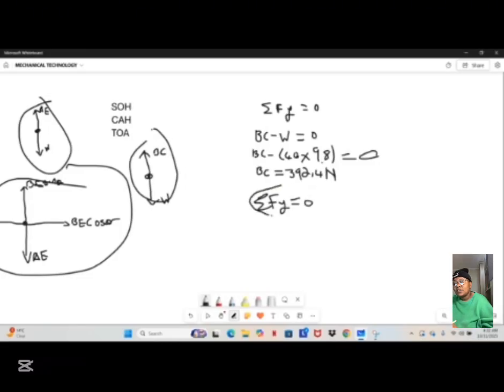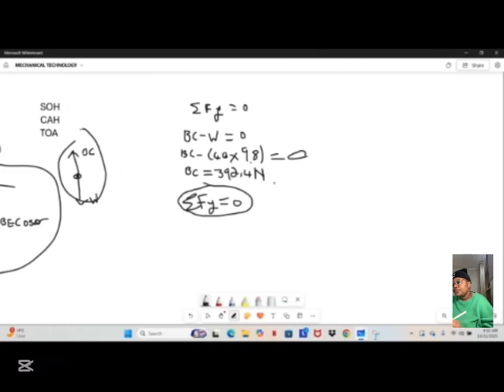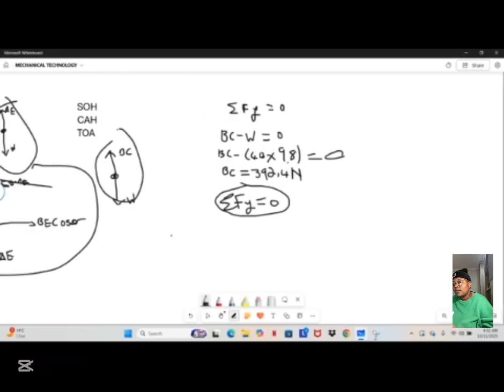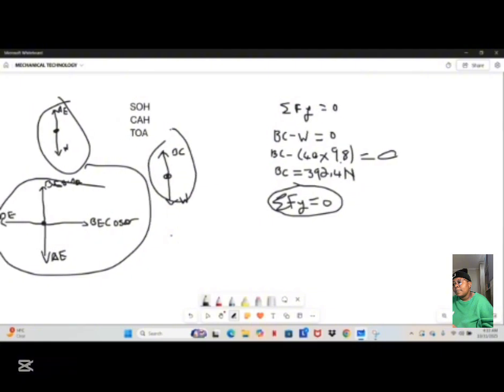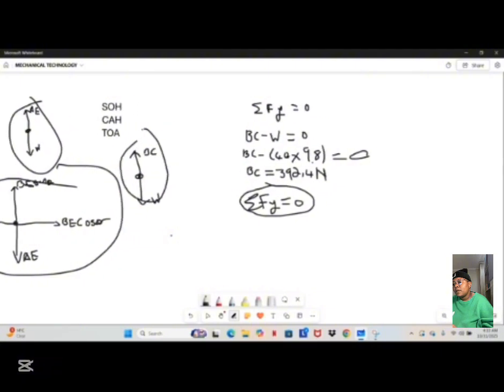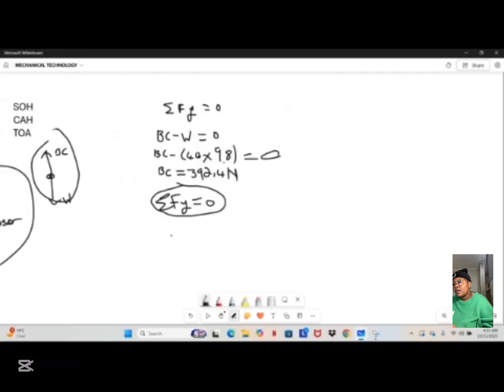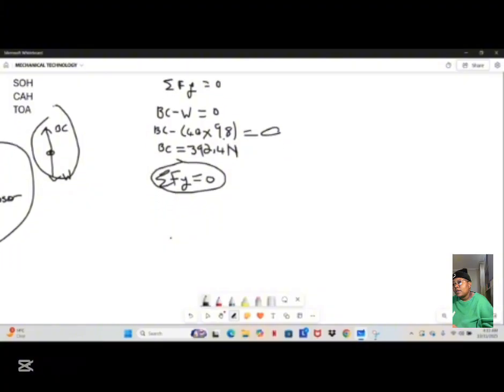BE and BC are equal, so we're gonna use that. BE sine of what? 30 minus AE.